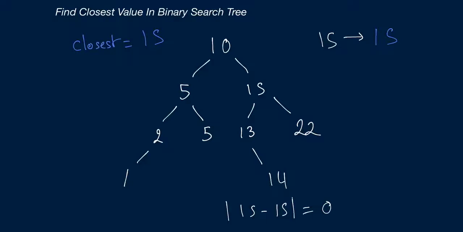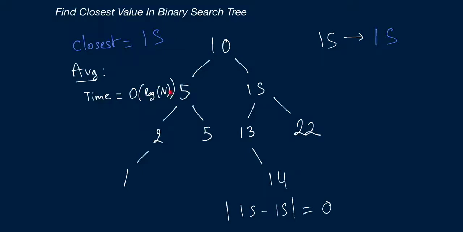In terms of time, it's going to be pretty straightforward. On average, this algorithm is going to run in O of log of n time. So I'll write it here. On average, time is going to be equal to O of log of n, where n is the number of nodes in our BST.